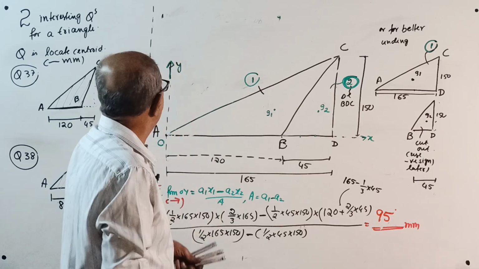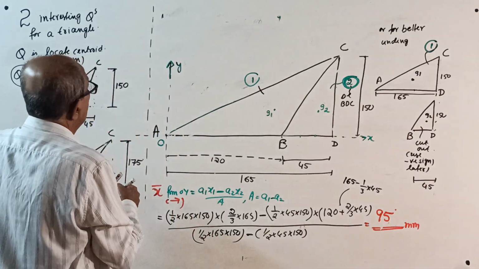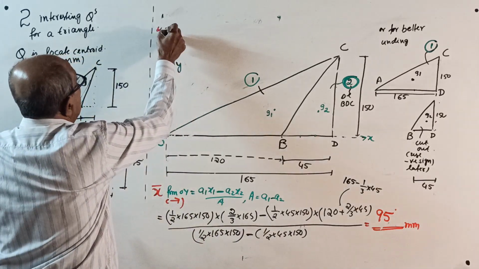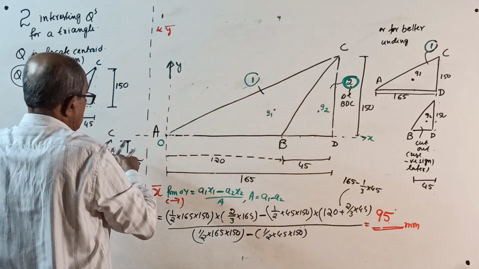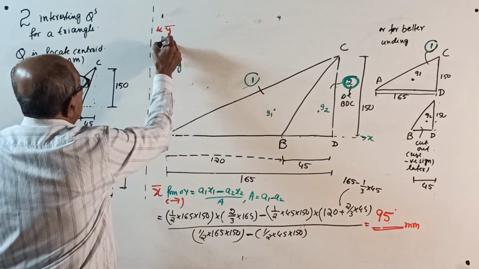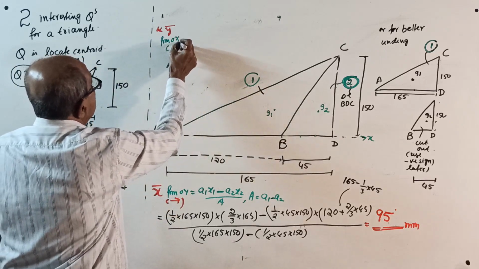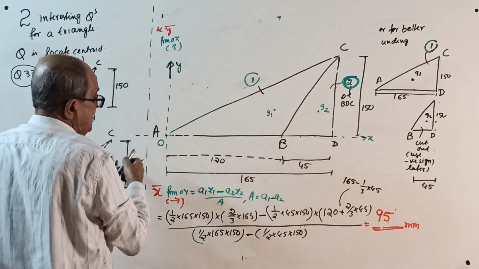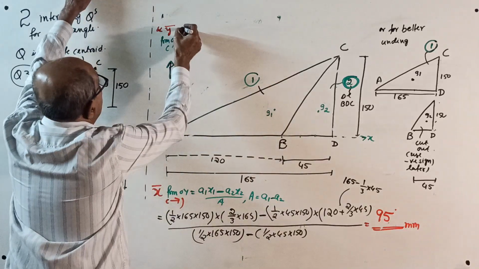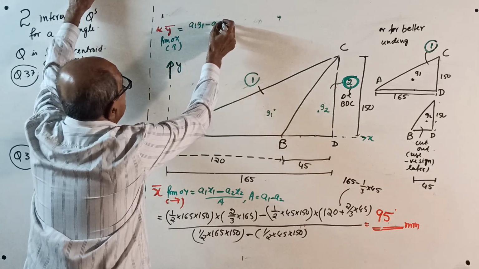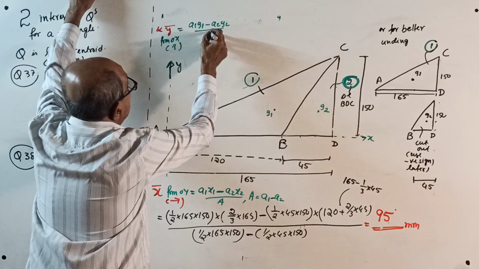Okay, no problem. Next, same way. Space is not there, I will write here now. And y bar, actually y bar is not required. Y bar from the OX line to the upper side. The formula is A1y1 minus A2y2 divided by total area.